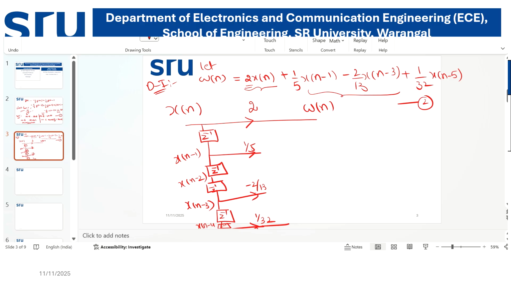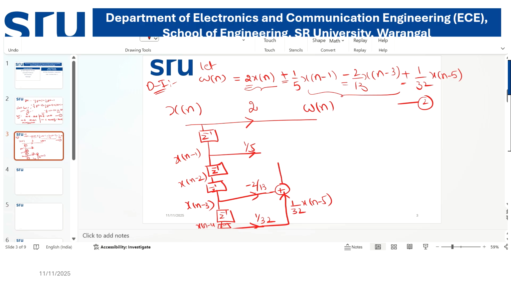Now if you look at the same equation number 2, how many adders do we have? 1, 2 and 3. So 3 adders are required to connect this in the realization circuit in direct form 1. One adder adds the term 1 by 32 x of n minus 5.